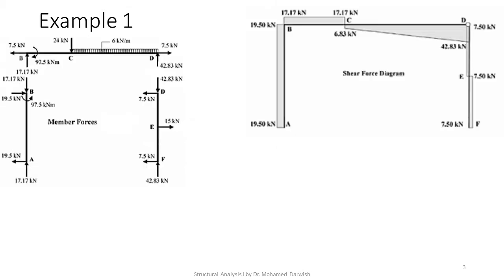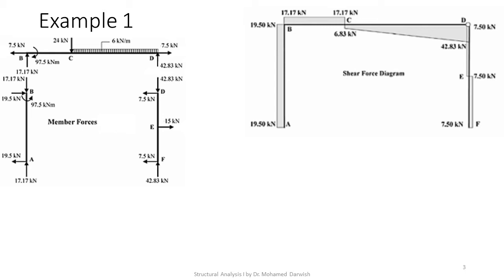Meanwhile, if we look at the shear force diagram, we will see a constant shear force at AB of 19.5 kilonewton, which is the horizontal reaction, and a constant shear force between B and C, which is the 17.17 kilonewton, which is again the vertical reaction, and then a sudden drop from 17.17 to 6.83. This is due to the concentrated force of 24 kilonewton.